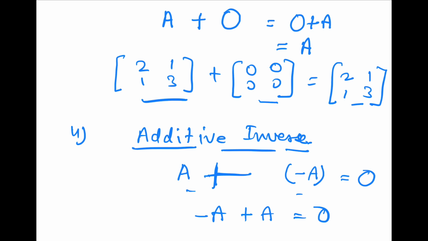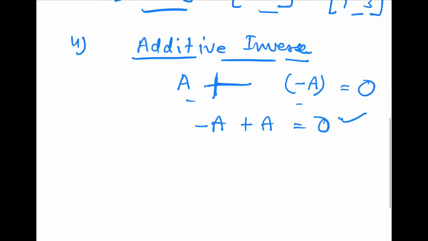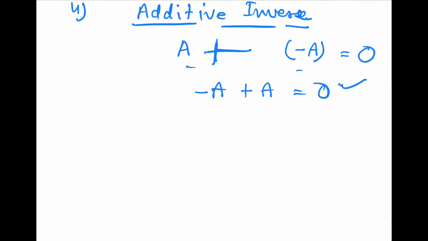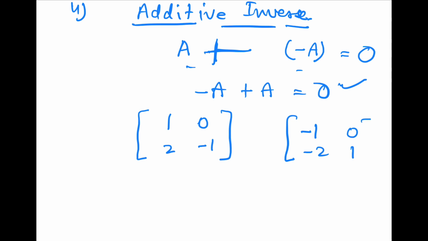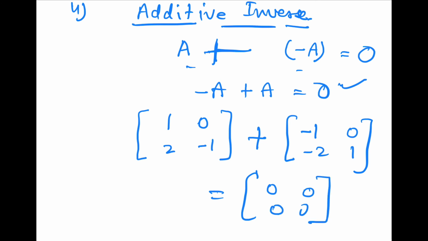Then this is called additive inverse. See, if it is 1 2 0 minus 1, then its additive inverse will be minus 1 minus 2 0 plus 1. If we add these two, they will become a 0 matrix. See, this is the additive inverse.